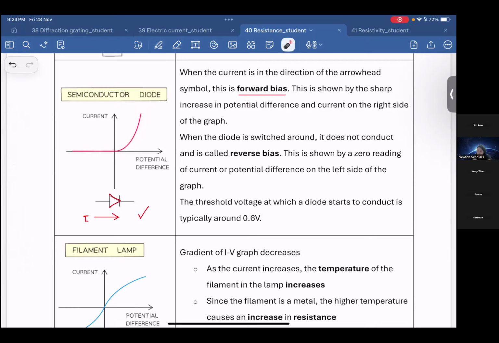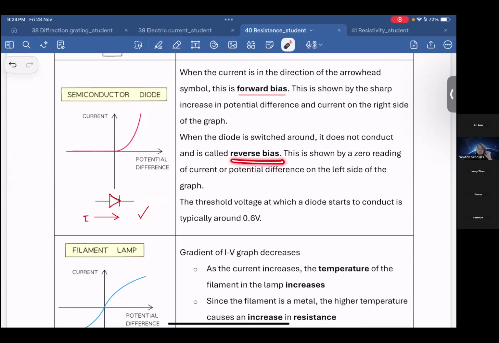If you change your diode in the opposite way, or change your battery the other way, the current flows in this direction and the diode will block it. In this position, we say the diode is connected in reverse bias.